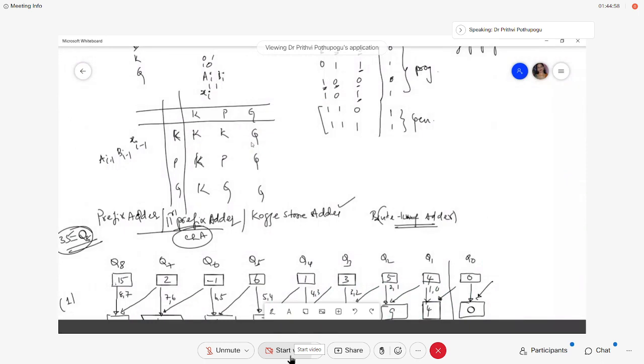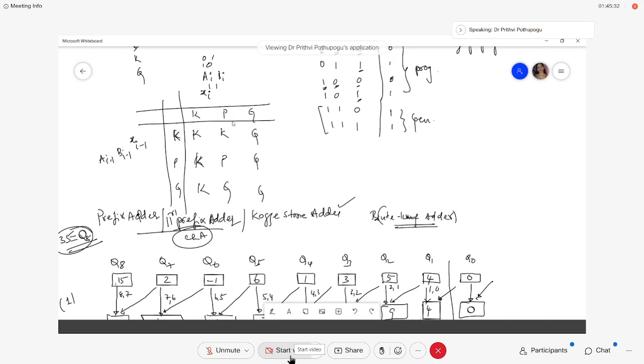What is getting generated or propagated in the present stage? Whether it is the previous kill, propagate or carry, it is a generate when it is equal to 1, that means both inputs are 1.